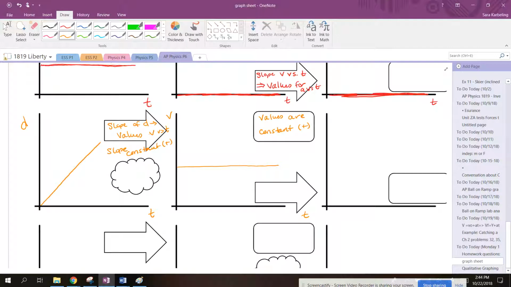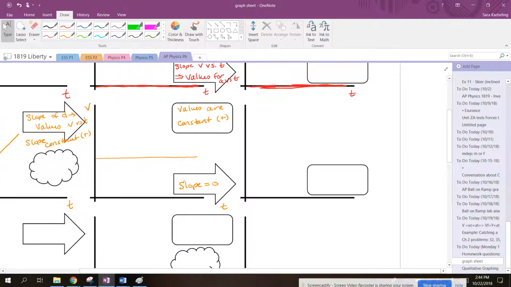What's the slope of this one? 0. So that means that the values here will be what? 0. Yeah.